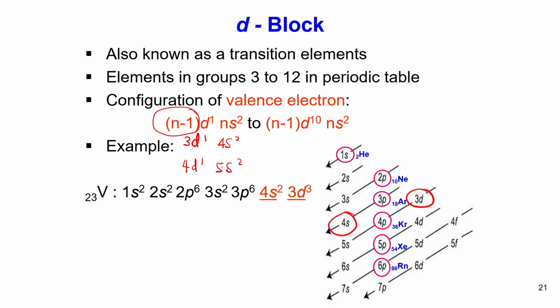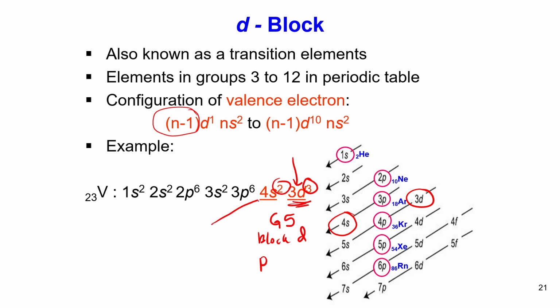According to the highest principal quantum number, we can see that vanadium is in group 5. The d block refers to this one, block d. Period still refers to the highest or largest principal quantum number, period 4.